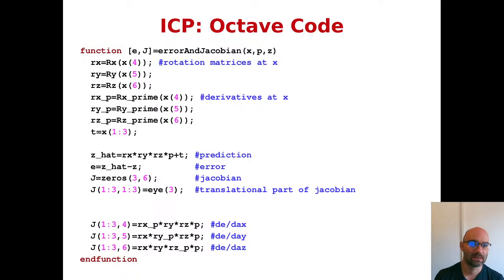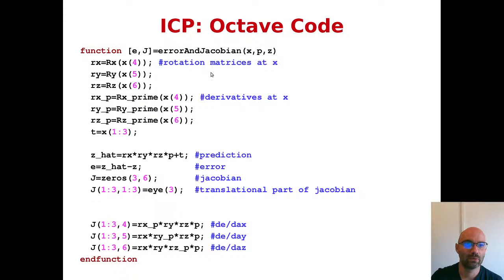So this function is the classical function error and Jacobian that you will find everywhere from now on, and it's responsible for calculating the error and the Jacobian given a certain transform x and given a point p, which is the point that you know it will project into the corresponding measurement, that should be stored in the z variable.